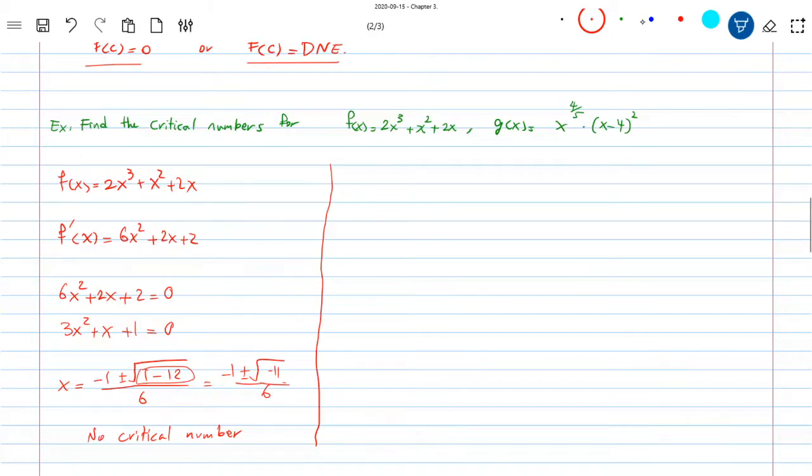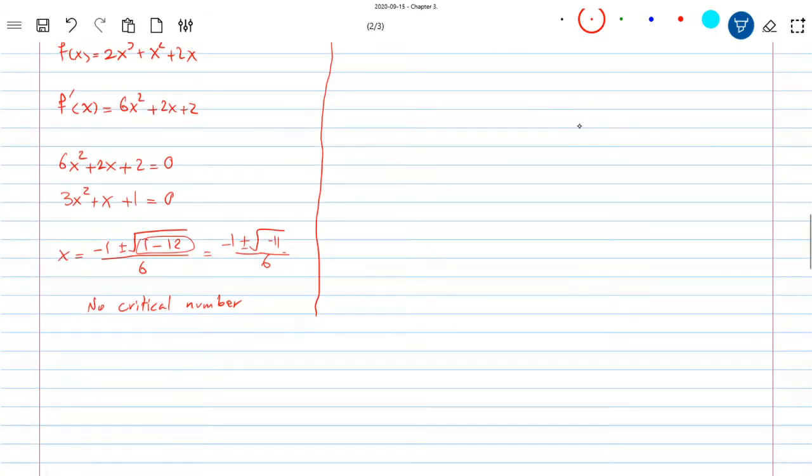And this has a meaning behind it. If there is no critical number, that means since the function has derivatives everywhere, you will never see this shape. Because if that were the case, then there would be a local minimum, which means the derivative at that point would be 0.